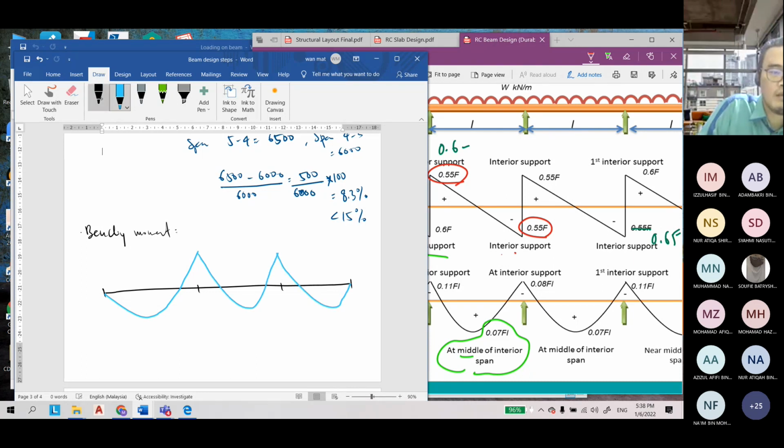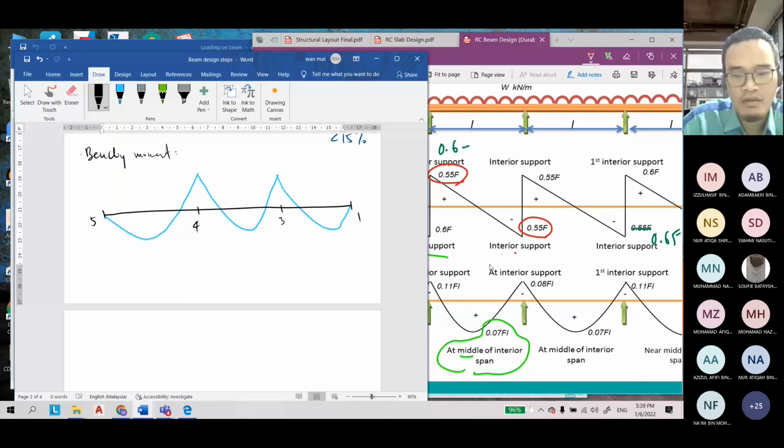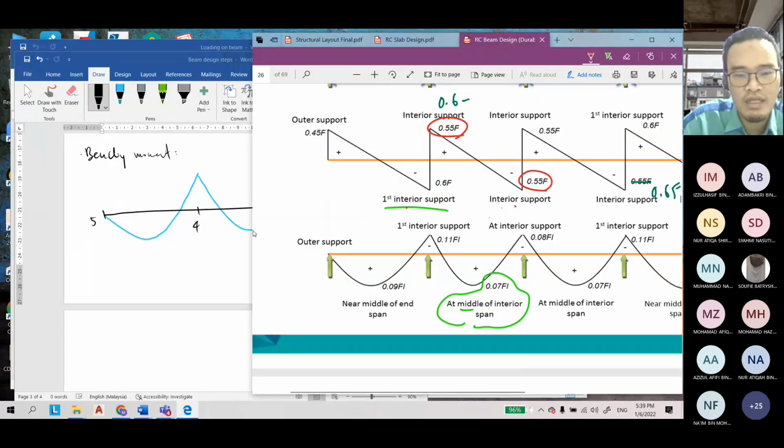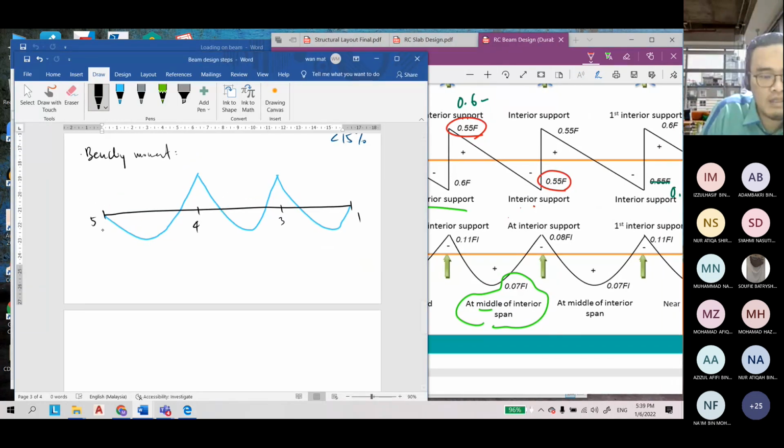Any question up to now? At the first exterior support, the bending moment is 0.09 FL. Moment here is 0.09 FL.